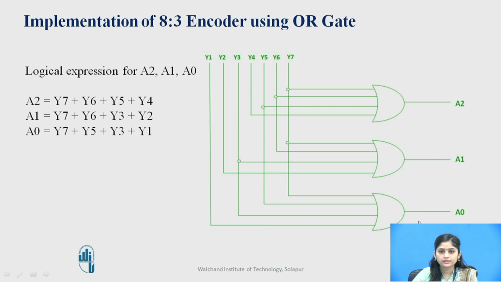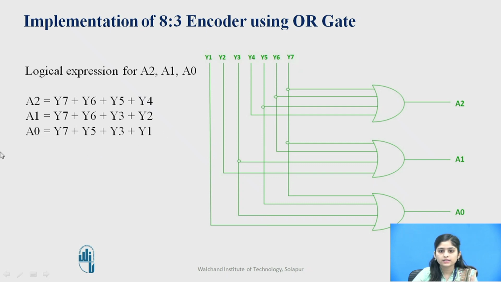Okay, for A0 as an output, at that time we are giving the input signal of Y7 plus Y5 plus Y3 and Y1. In this way we can implement our 8:3 encoder using OR gate with the help of this logical expression of A2, A1 and A0.